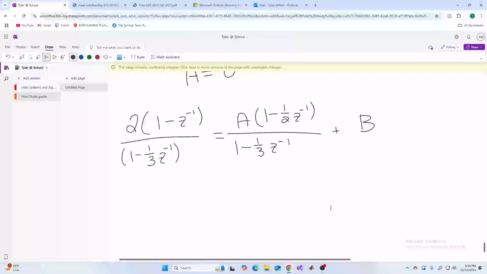Perfect. Now again, I'm going to allow z to the negative 1 to equal 2. If I do that, this whole thing goes to 0.